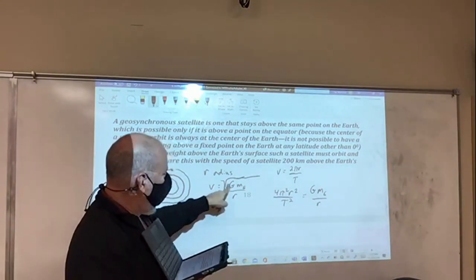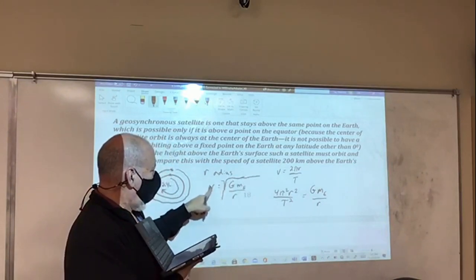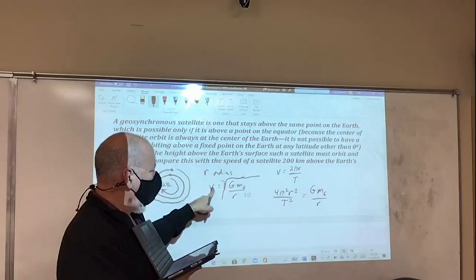Because if I want to get rid of the square root, I'm going to need to square the velocity.